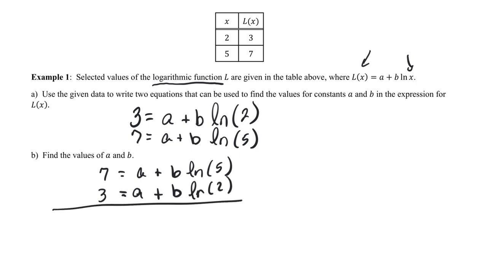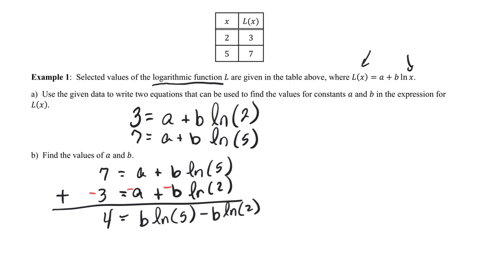I want to add these together and make something go away. I don't like us thinking of this as subtraction because we're not the best at subtraction. So what we should do is distribute a negative to all of these, so when I add them together, the a's will go away. And I end up getting 4 equals b ln 5 minus b ln 2. Those aren't like terms, so I'm just going to write it out.